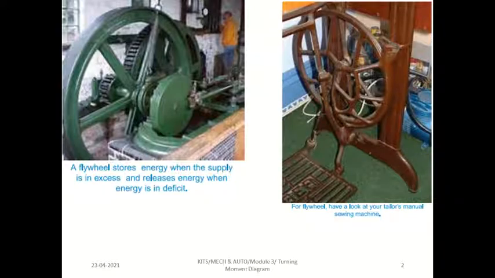Similar concept: in one stroke, we have to give the force and pedal it. In another stroke, the pedal will automatically return because of the energy which has been stored in this flywheel. In most places, a flywheel is used to store energy.